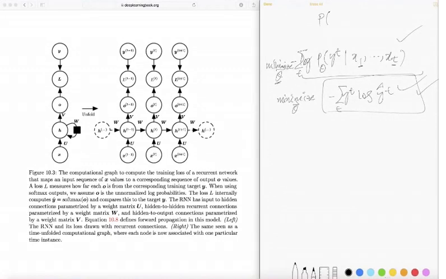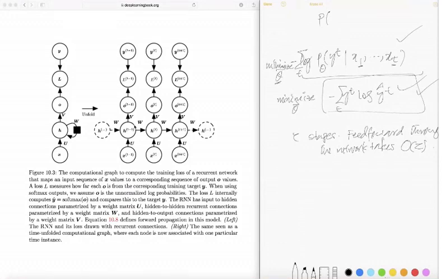So the feed forward of the network, if you have tau stages, through the network takes order tau time.